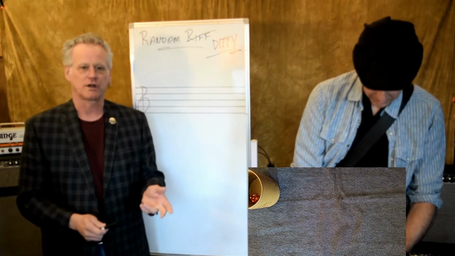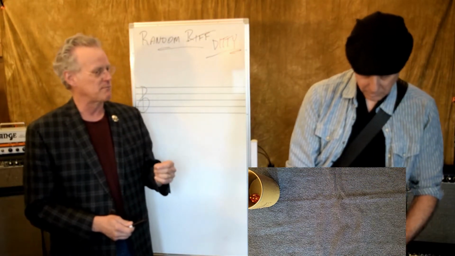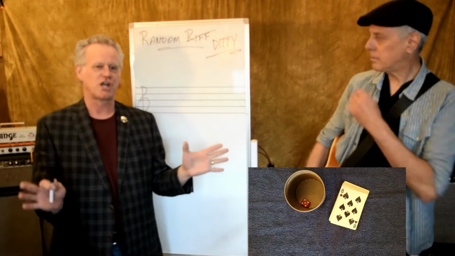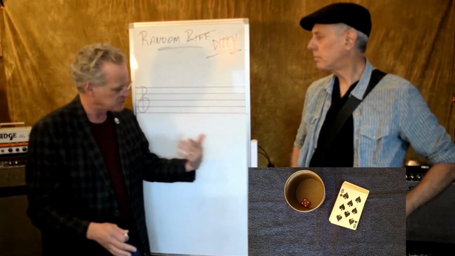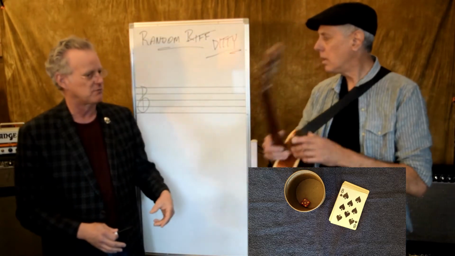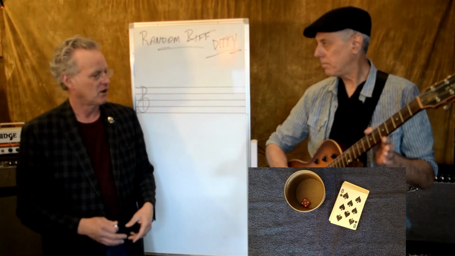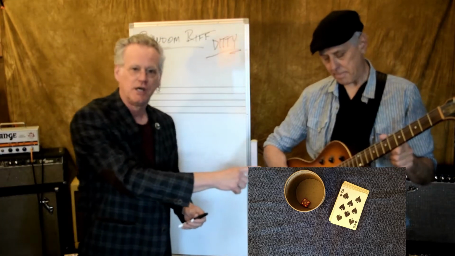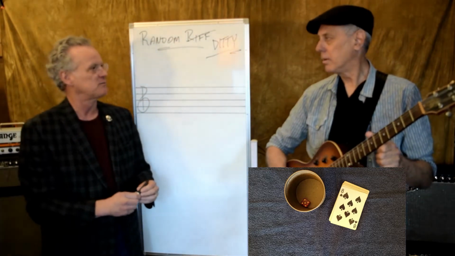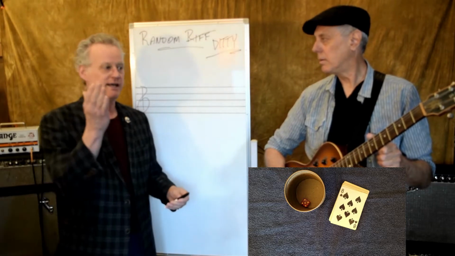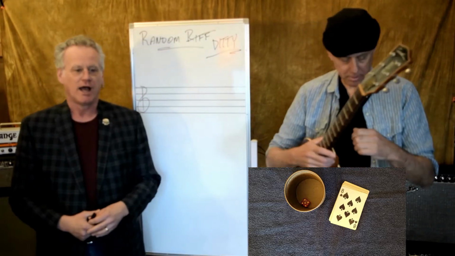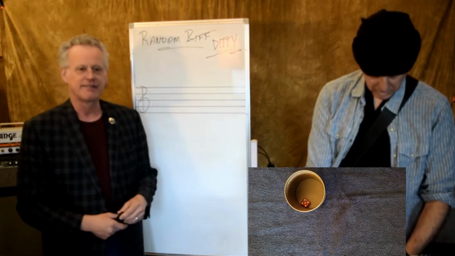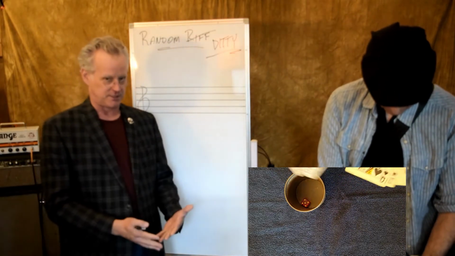And we have ace through queen. Here's how it's going to work: the dice is going to represent what string on the guitar we're going to pick. This is just to randomly generate notes. Which string do you consider number 1? The highest pitched string. So that's 1, 2, 3, 4, 5, 6. Whatever number comes up on the dice will be that string number. Then we're going to randomly pull a card, and that's going to represent what fret.